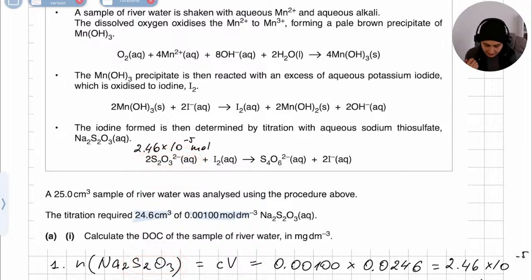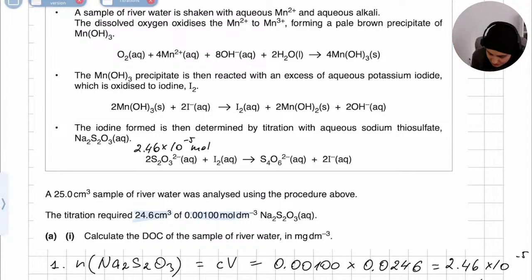Now, what can we find from there? Now you have to analyze the equation. We had oxygen reacting with something, MnOH3 was formed, and then that MnOH3 was transferred to the second step. All the moles that were formed here were transferred to the next reaction and reacted with I minus. And then the iodine that was formed was transferred to the next step. So you have to identify the substances that are transferring to the next step.